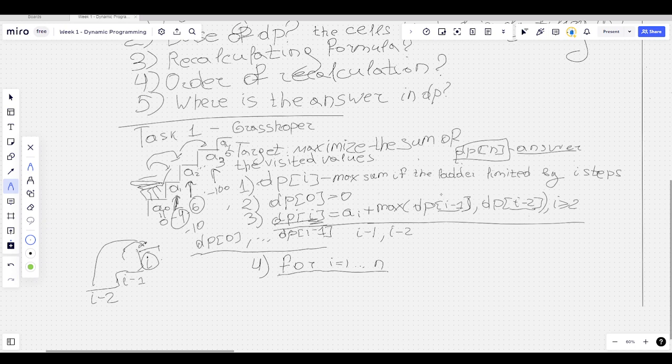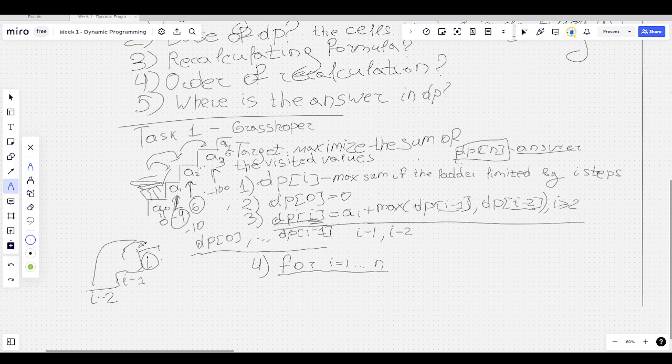So we need to choose: we took this value or this value. I remind you that we know all the previous answers: dp_0, dp_1, and so on, up to dp_(e-1).